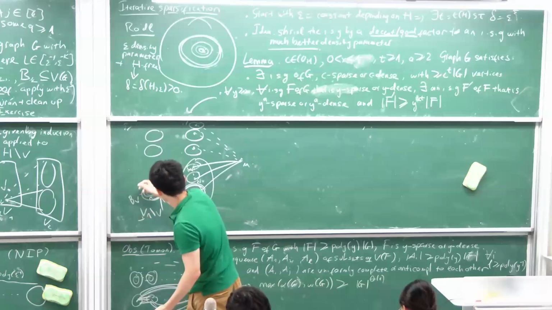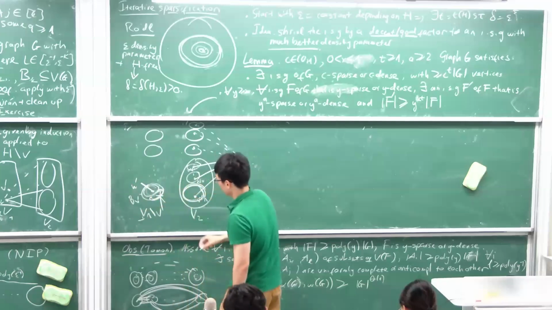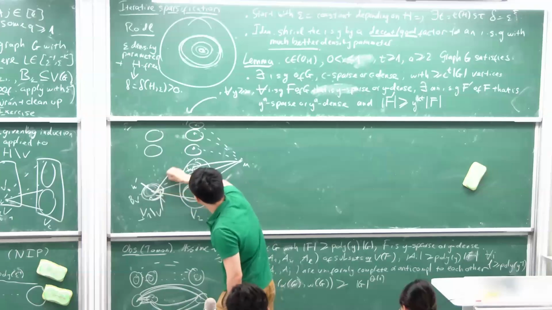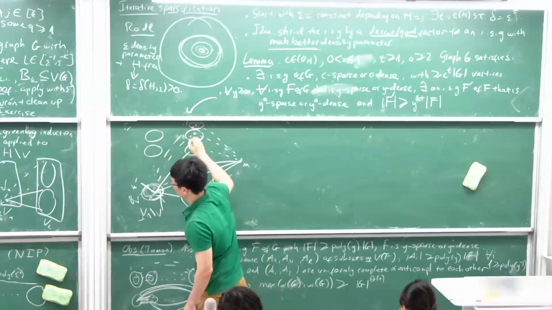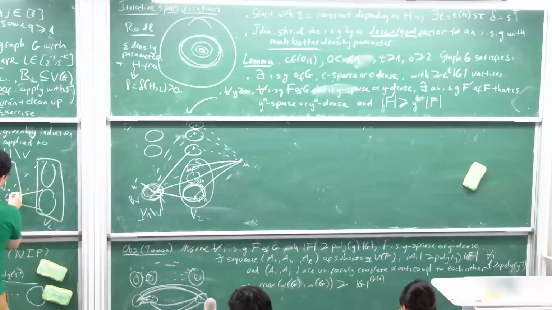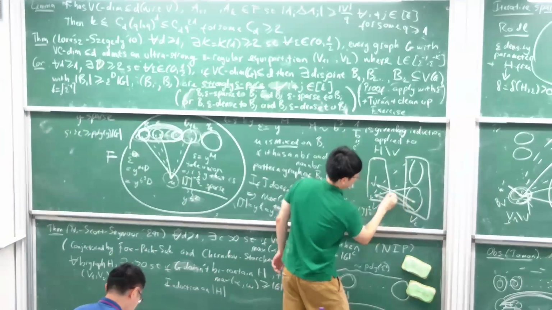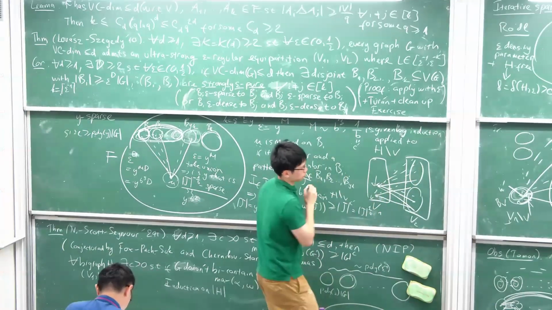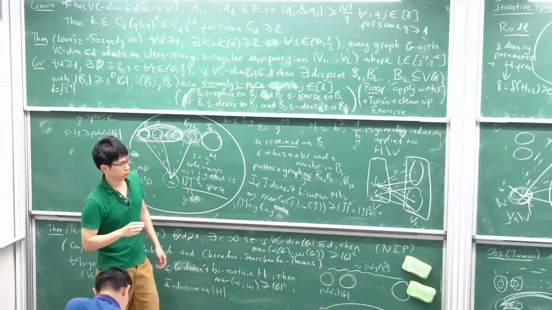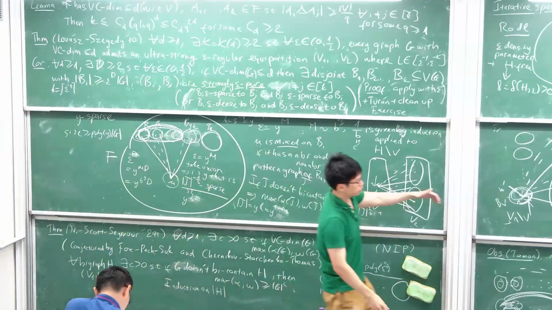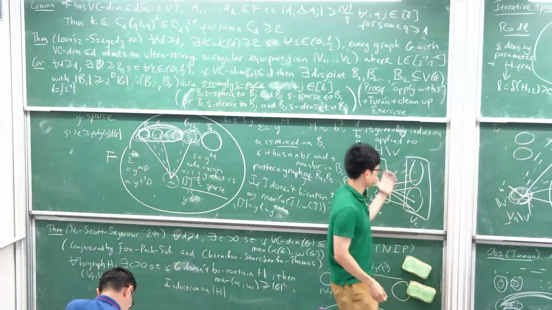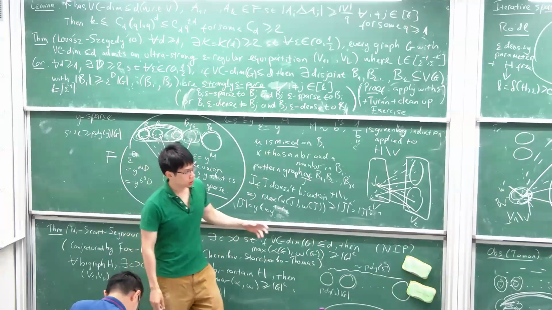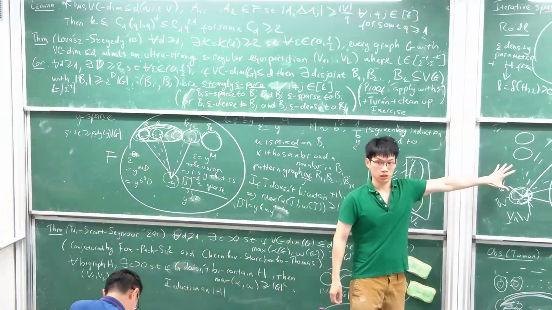So W prime set, which has all the correct adjacency. Okay, and then I can keep doing so for all of the rest of V1. And so I can construct a bi-induced copy of H in this picture.